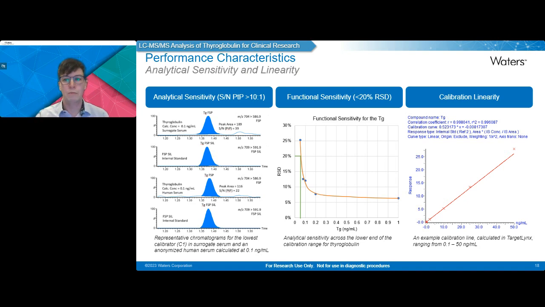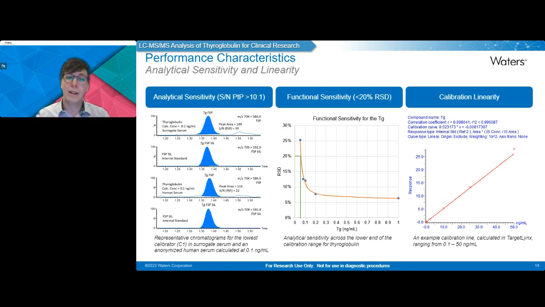Some people might have other options around what to calibrate with, but this was what was available to us at the time. Below that, we have an actual human serum sample with a calculated concentration of 0.1 nanograms per mil based on our calibration line.